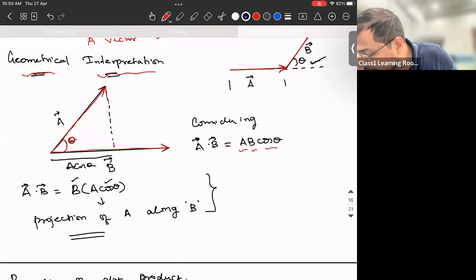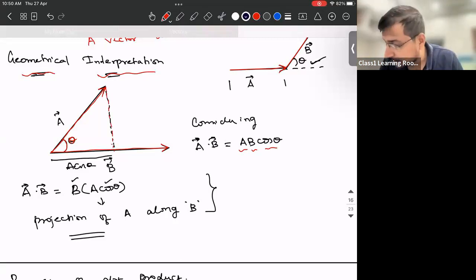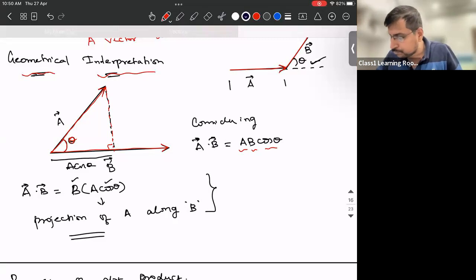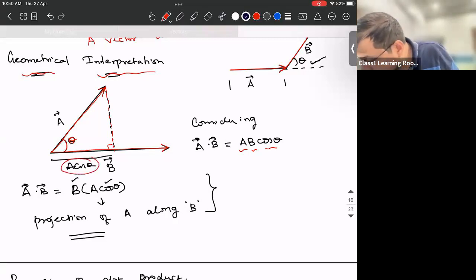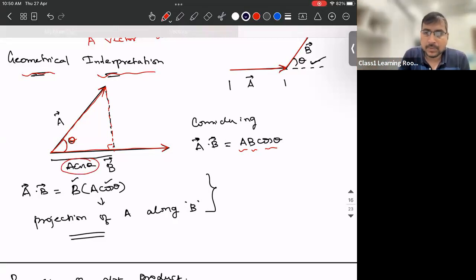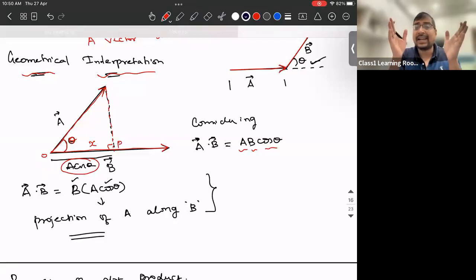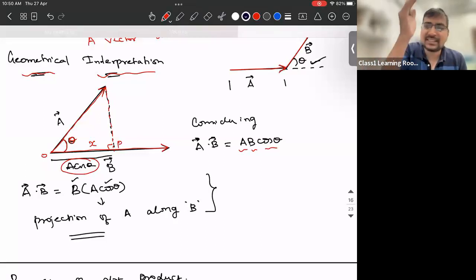From the end of A vector, if you drop a perpendicular, listen to this carefully. When I drop a perpendicular, then on the bigger B, can I say this A cos theta is going to be a part of it? How did I get that A cos theta? If I take the distance from O to point P as X, then what is X divided by A?